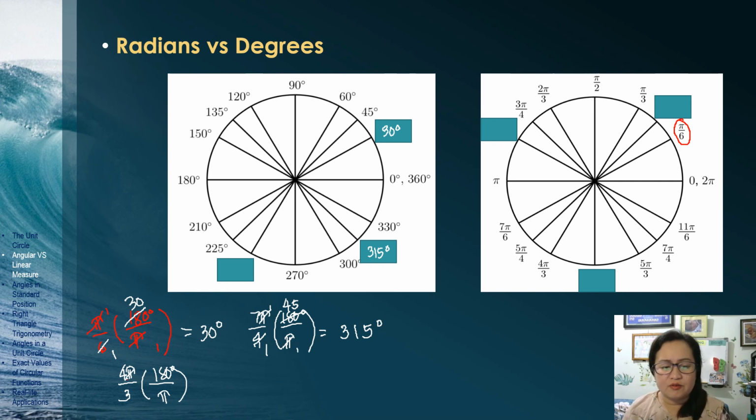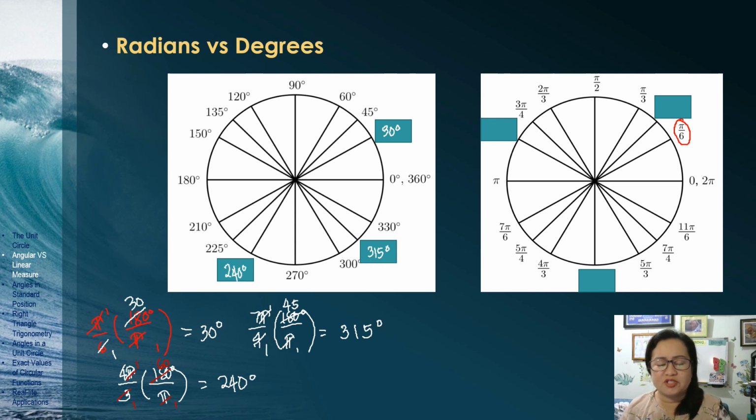We cancel this, so this is 1, this is 1. Now we divide by 3, this is 1. 180 divided by 3, we have 60. So multiplying that, we will have 240. 4 times 60 degrees is equal to 240 degrees.